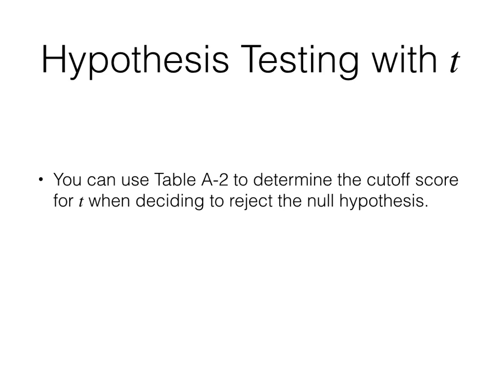So we use table A-2 to determine the cutoff score for t when deciding to reject the null hypothesis. This is at the end of chapter 7. They have a table A2 there that you may want to photocopy, and I will also make one available on Blackboard.